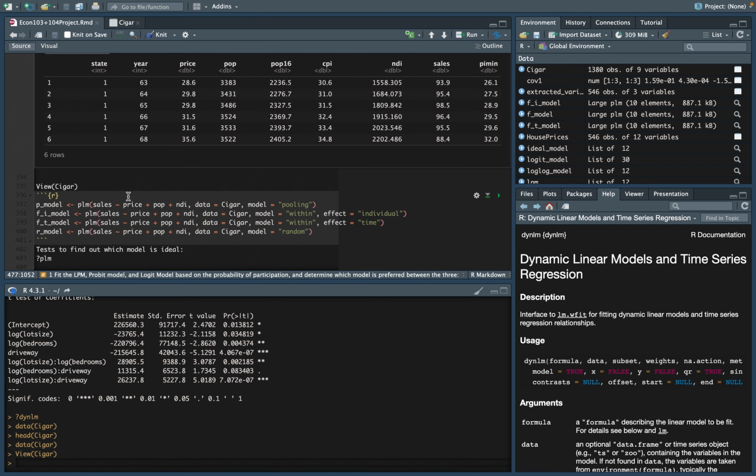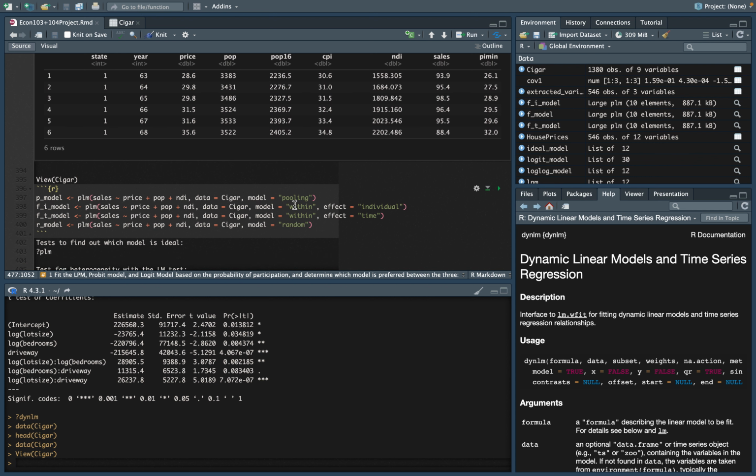And so what I did here is I made a standard pooled regression with the argument model equals pooling. This is what I call the P model, the pooled model. I made two fixed effect models with the argument model equals within.